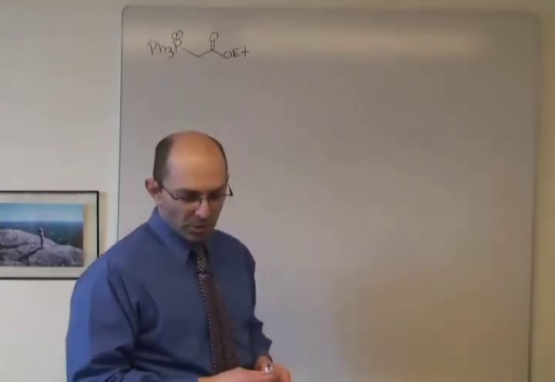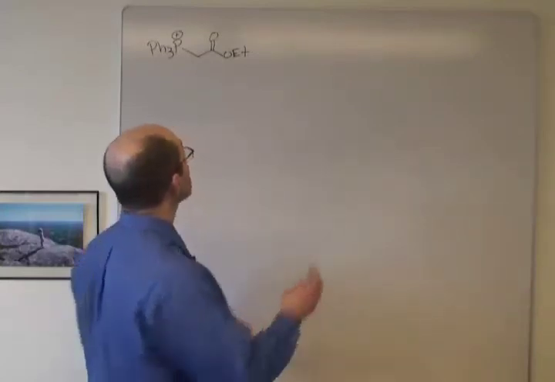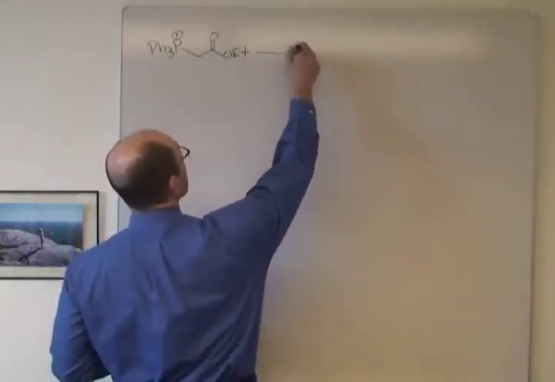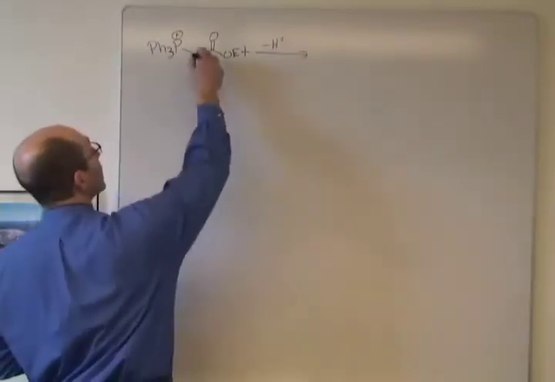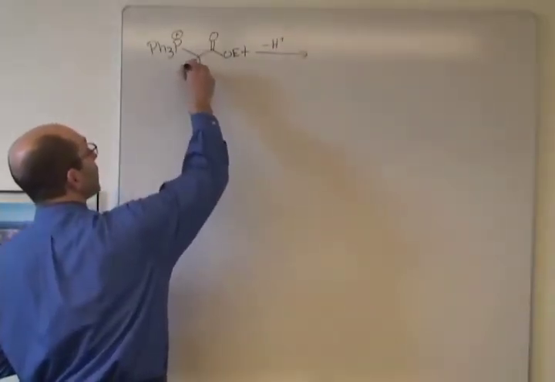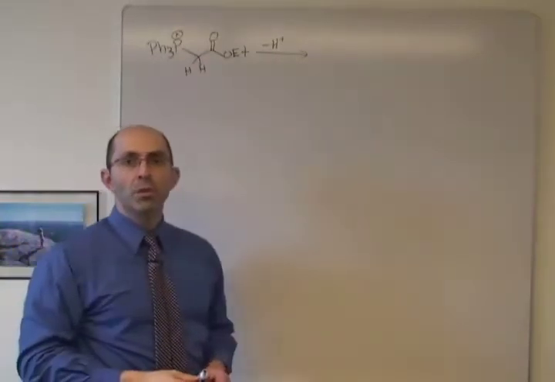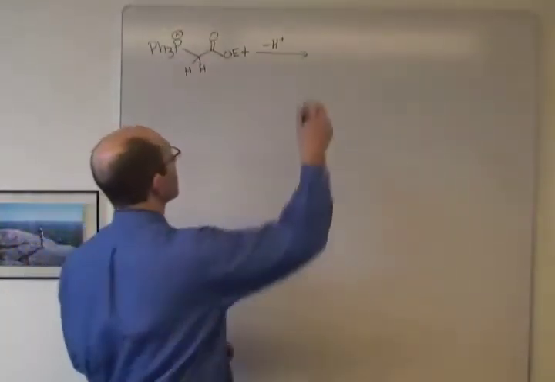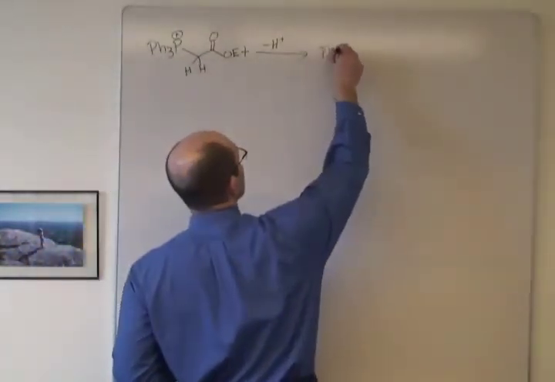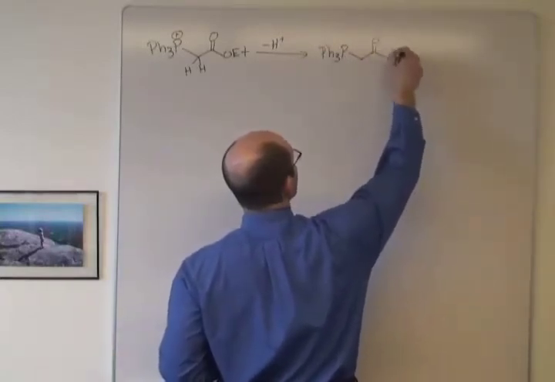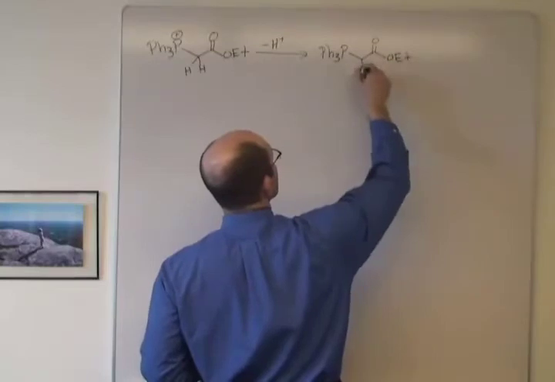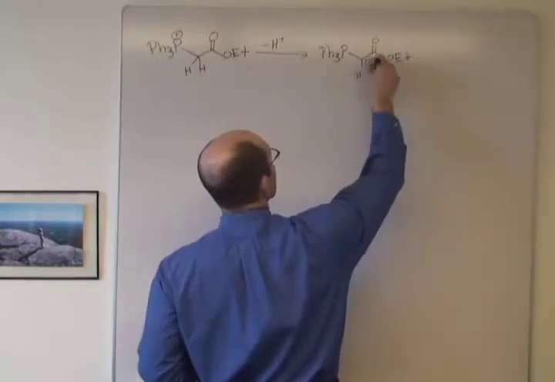So the first one says draw the structure of the conjugate base. Right? And so we're going to lose a proton, and hopefully it's clear that that's the position we're going to lose the proton from. So we're going to end up making the phosphonium ylide, which is what it's called, and that's the Wittig reagent. So it still has one proton.